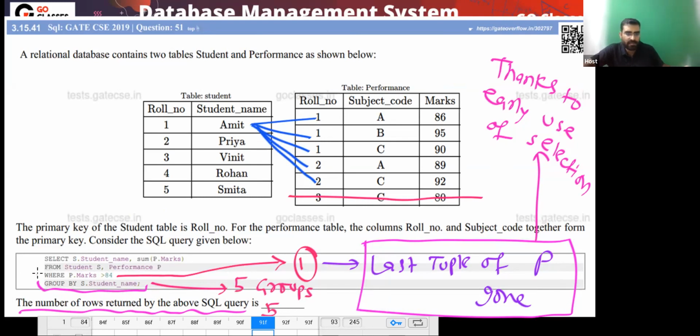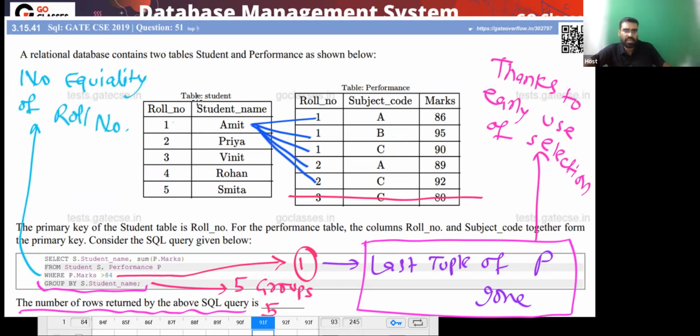There is no equivalence of roll number. You don't have to do any equality of roll number.